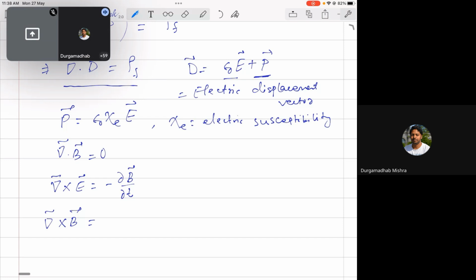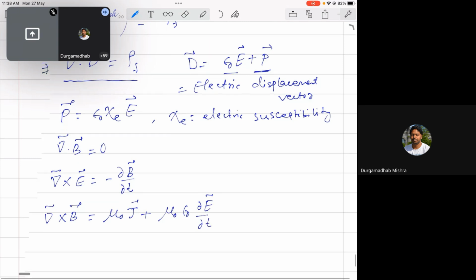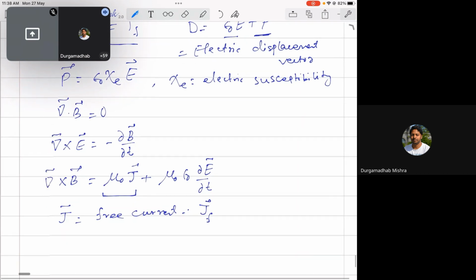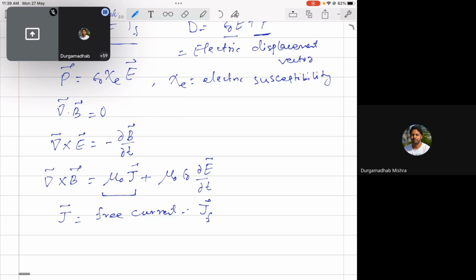We said it is mu naught J plus mu naught epsilon naught del E by del T. But when you look at this current, in a material, of course you don't have only the free current. So this J is due to the free current. Okay, so let's write it as JF, like we wrote rho F for the free charges.